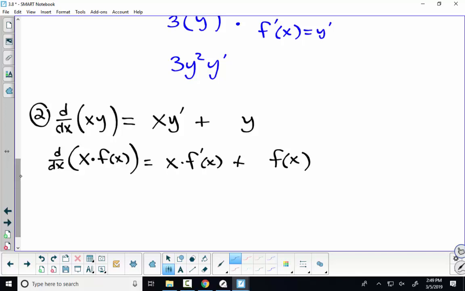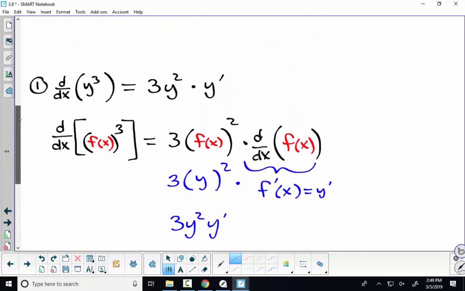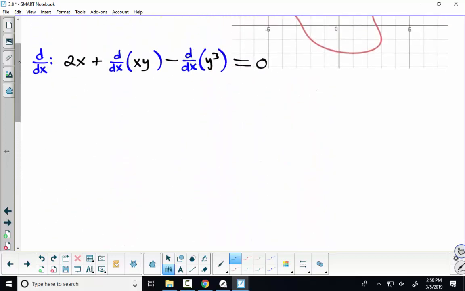So those two need to go into our workup here. So the derivative equation is 2x plus x y prime plus y minus 3y squared times y prime equals 0. Okay, so there's two things we can do from this point.